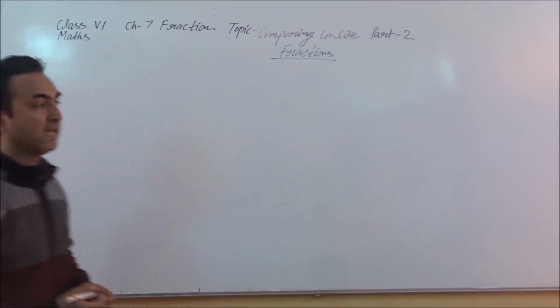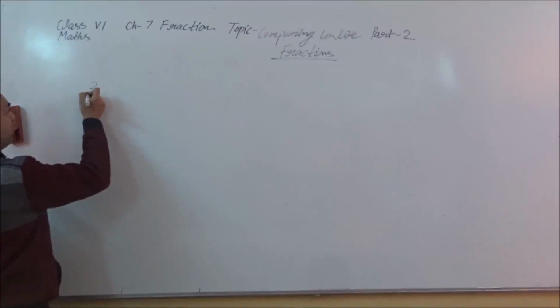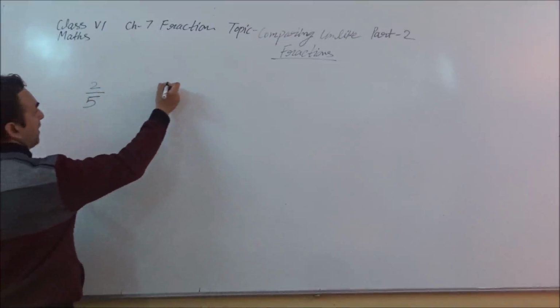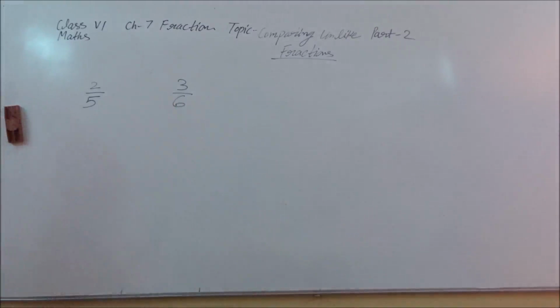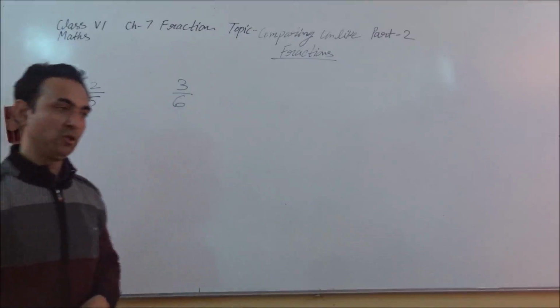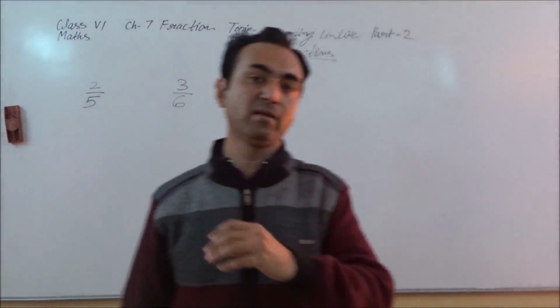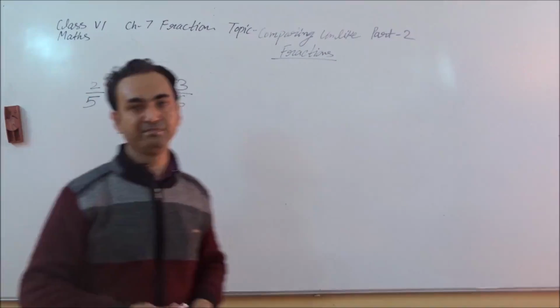Let's take the example 2 upon 5 and 3 upon 6. We have to compare. How do we compare unlike fractions? We cannot compare numerators, we cannot compare denominators. So now we require to change this unlike fraction into like fraction.